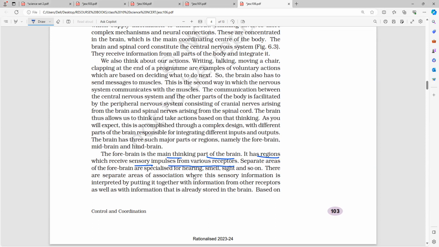Is it right, Hari? Somewhere it will be there; we already studied cerebrum.